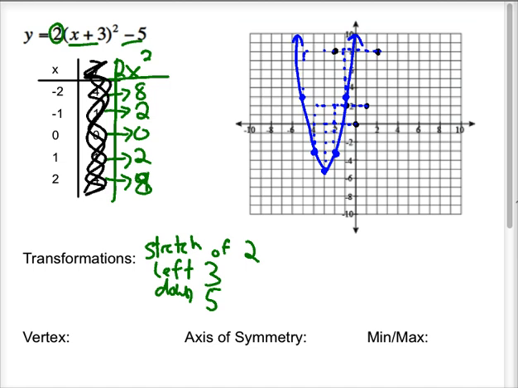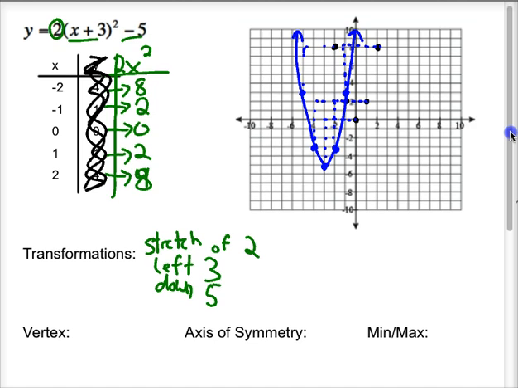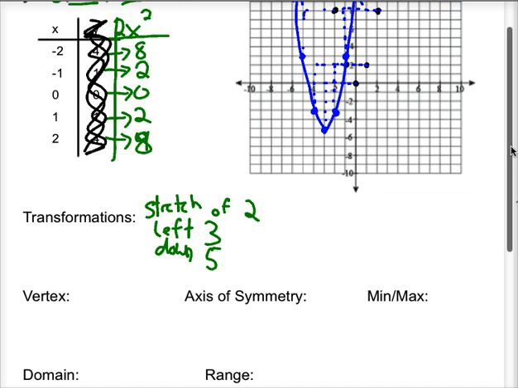Now that I've made my parabola, now it's time to investigate all of the vocabulary for the chapter. So the vertex. Where is my vertex? Well, the x value is sitting at negative 3 because I shifted 3 left, and down 5. Axis of symmetry. Remember, you always take the x value.